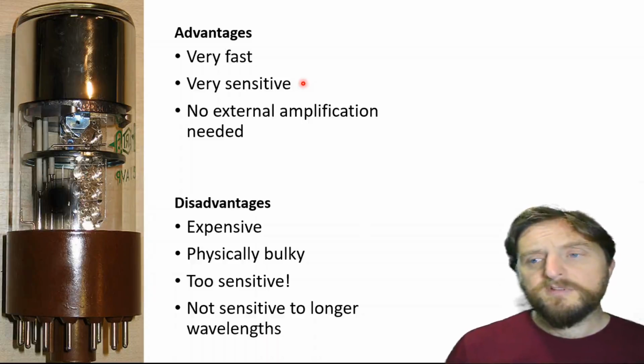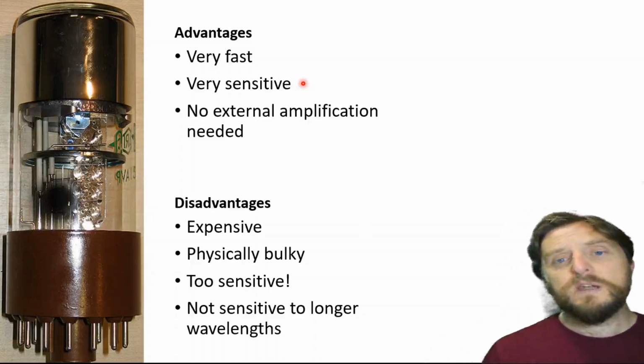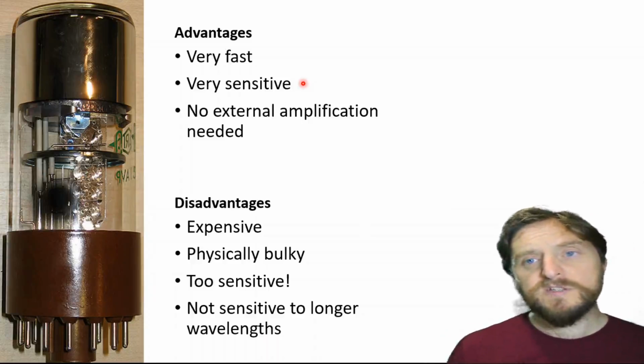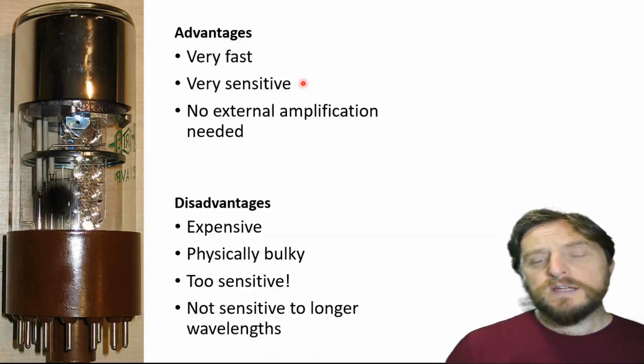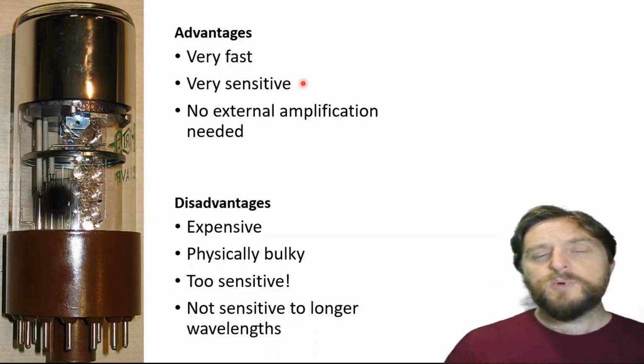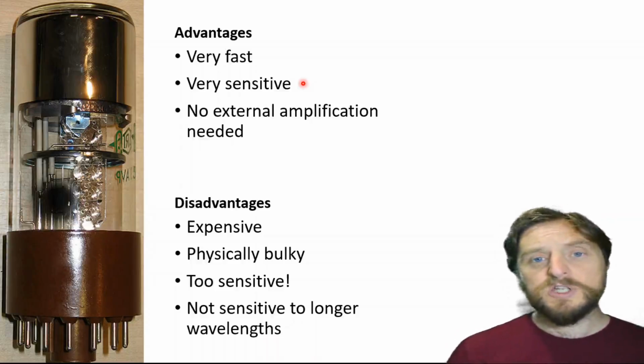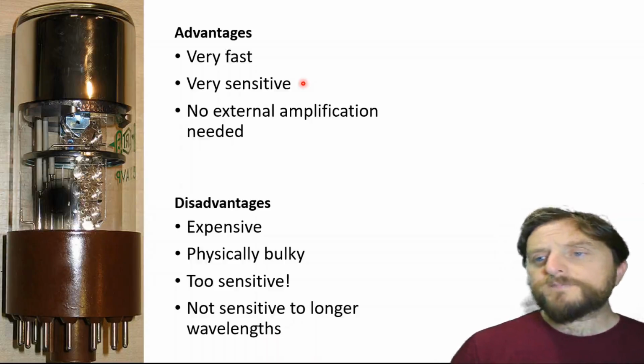They can be very, very big. They can sometimes be too sensitive. Because you get this huge avalanche of electrons, you can actually damage them by putting too much light on. If you put a large flash of light onto a photomultiplier, you get a gigantic avalanche of electrons which can actually burn the thing out.